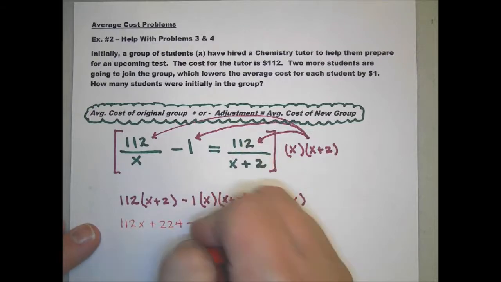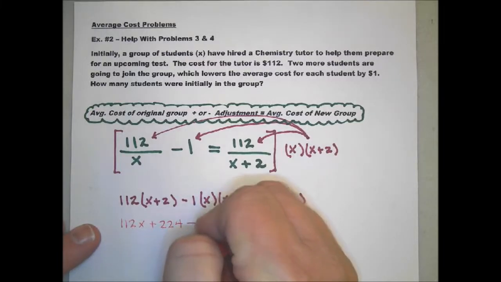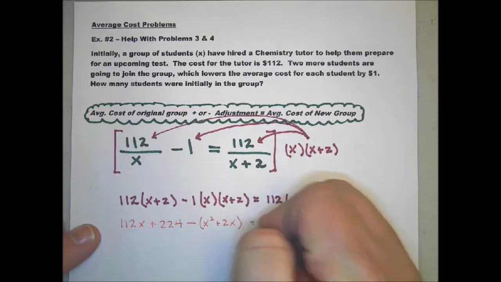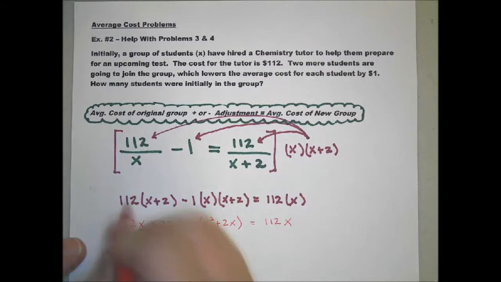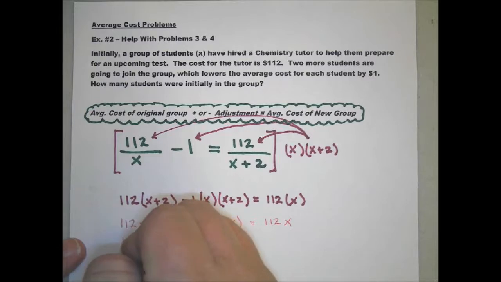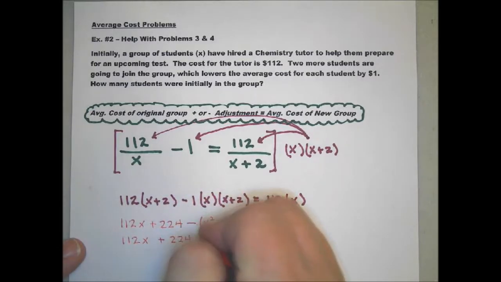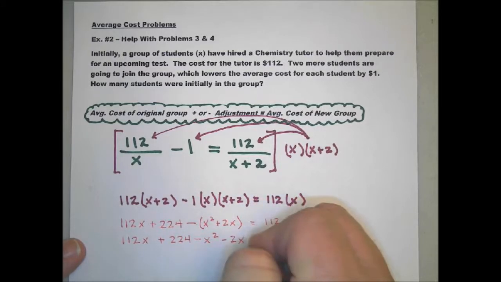So it's minus x squared plus 2x equals 112x. I still have some cleanup to do. 112x plus 224 minus x squared minus 2x equals 112x.